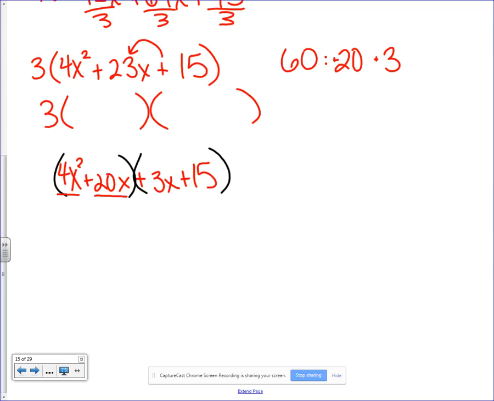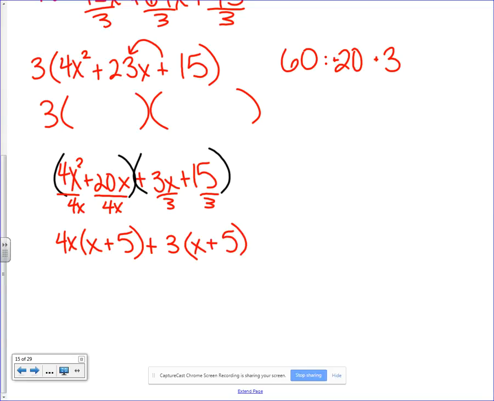And so I'm going to divide out a 4x from both of those. Good. What can I take out of those? Okay, so now I'm going to put my final answer in up there.